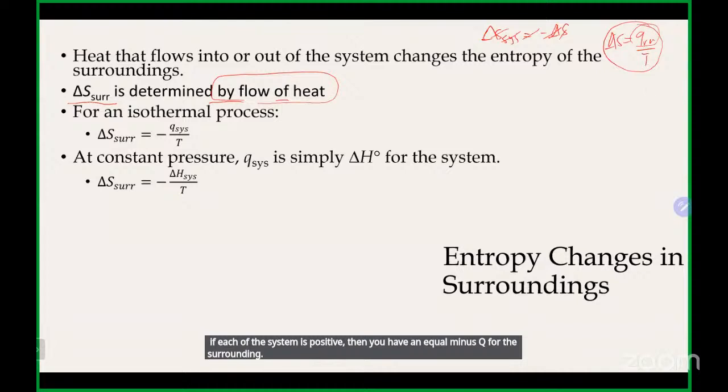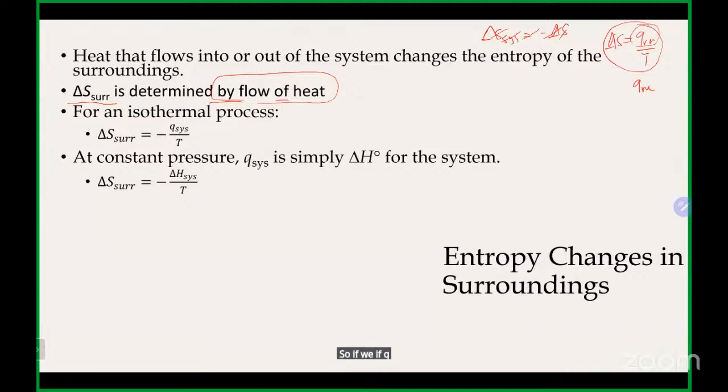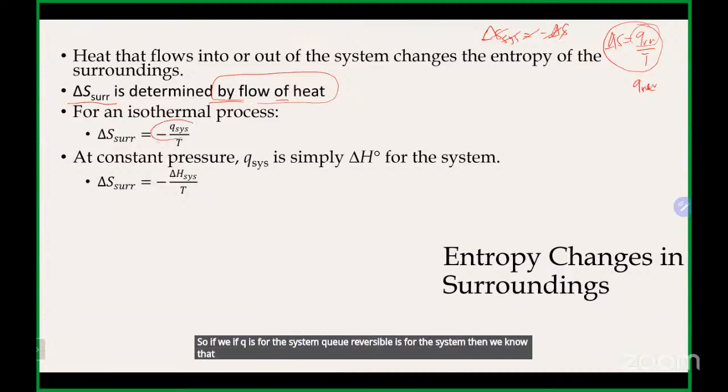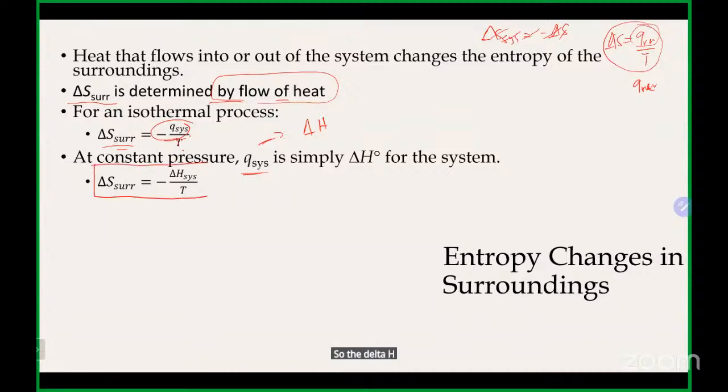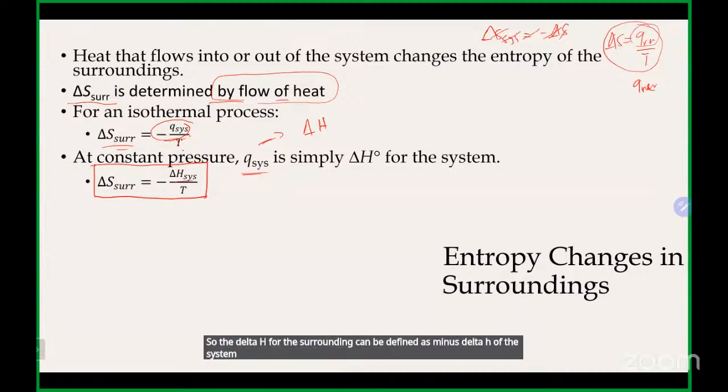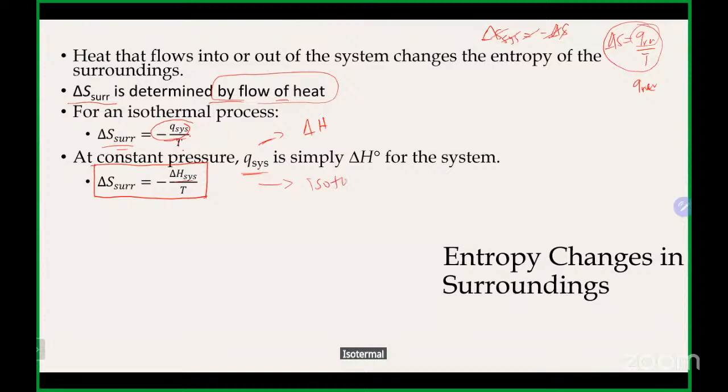So if Q reversible is for the system, then delta S of the surrounding is minus Q of the system divided by T. At constant pressure, we already said that the heat content is the same thing as delta H. So the delta S for the surrounding can be defined as minus delta H of the system divided by temperature, for an isothermal process.